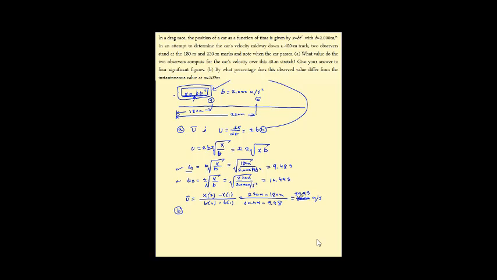The percentage needed is, so we need to find v instantaneous. v instantaneous in this case is equal to plus minus 2 square root of xb. This is obtained by substituting for t from this relation.